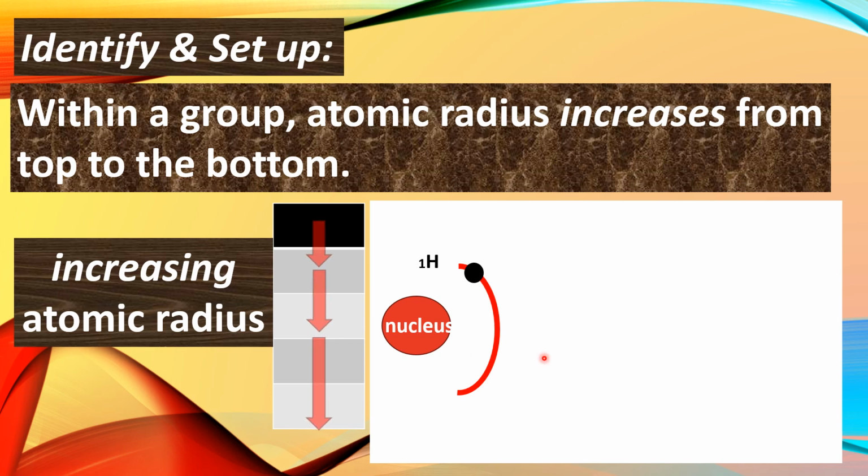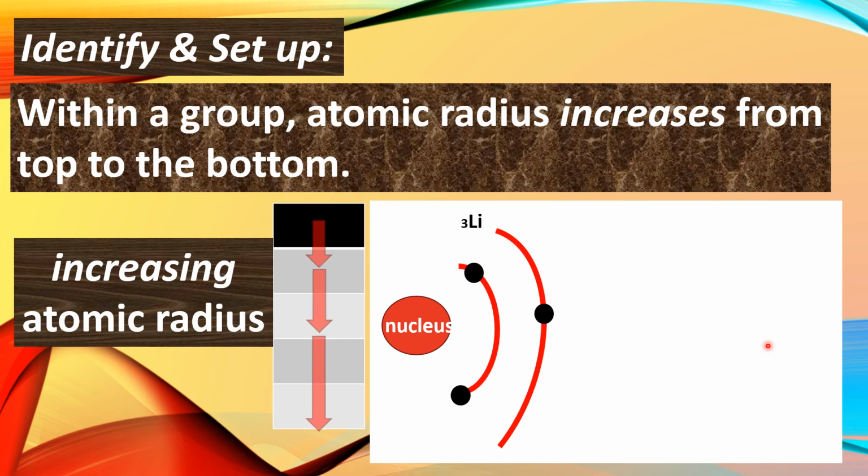Second to hydrogen in group 1A is, of course, the element lithium, which is a light metal. Its atomic number is 3. And its valence electron is, of course, equal to 1.